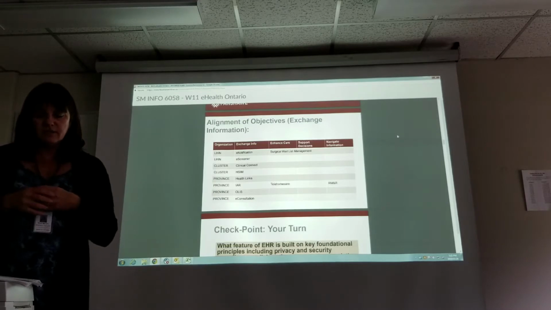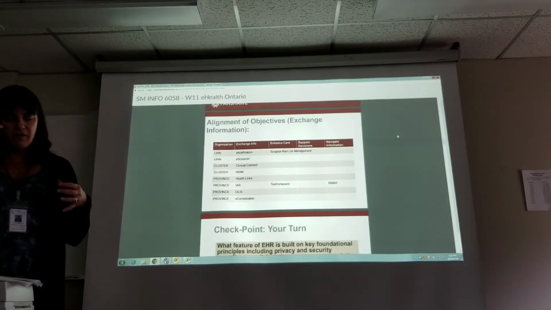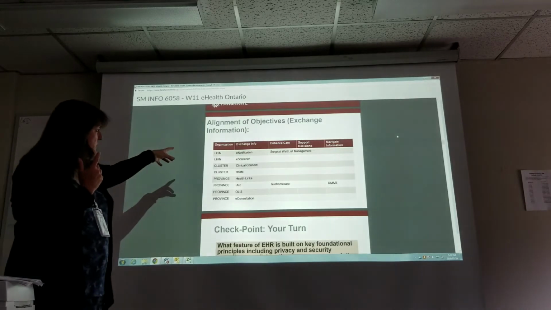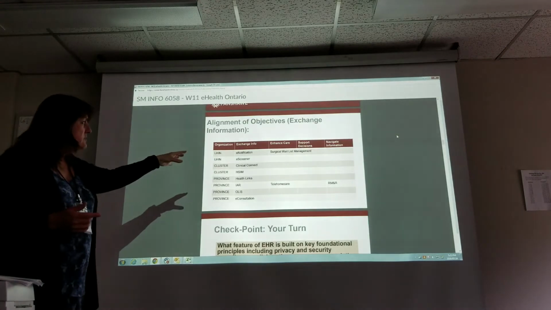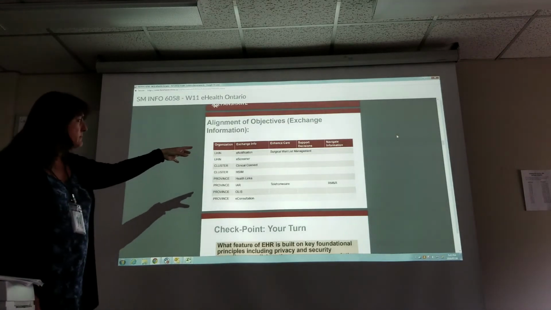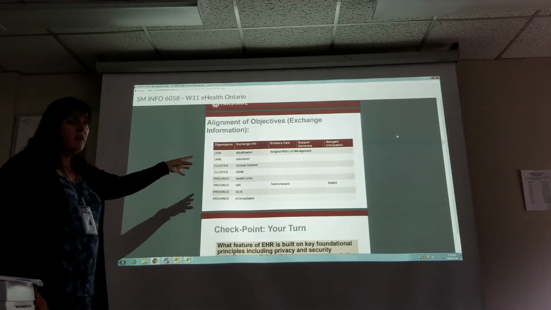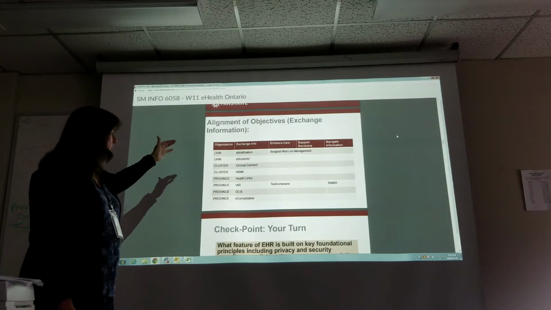So the organizations that are involved in this local eHealth initiative are the local health integration networks. They have been working on the e-notification system to enhance the surgical wait list times. They've also been working on the e-screener, which will go into each one of these a little bit deeper.